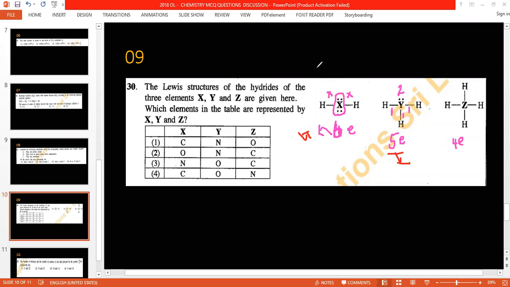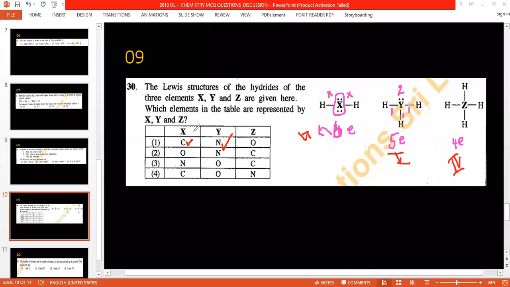This class will end in 3 minutes. So X should be group 6, Y should be group 5, that is nitrogen, and Z should be group 4, that is carbon.